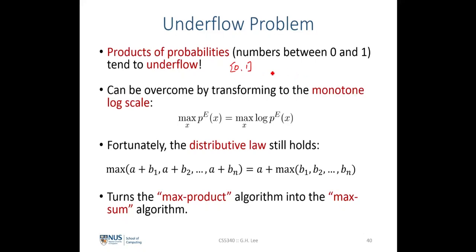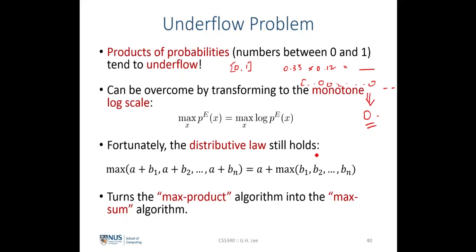So what happens here is that when we multiply two numbers, since this is a probability value, it has to be between 0 and 1. So when I multiply two numbers that are between 0 and 1, suppose I multiply 0.33 by 0.12, for example, this number is going to get smaller and smaller as I do the multiplication. And this will lead to what we call the underflow problem, because as the number gets very small, 0.00000 something, my computer will not be able to represent this level of precision, and this will lead to an underflow problem where everything will be represented by 0 in the end.